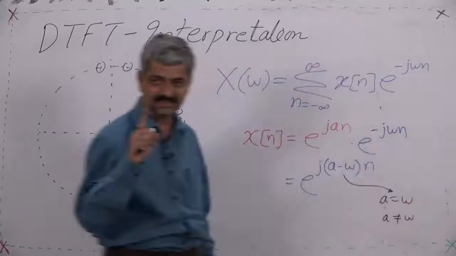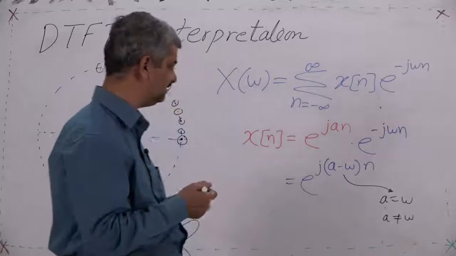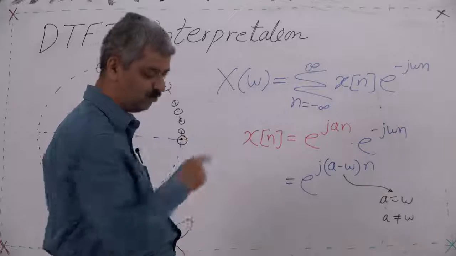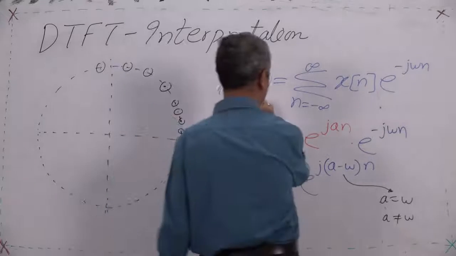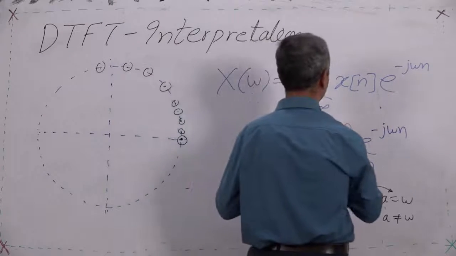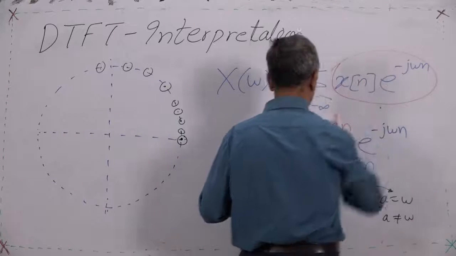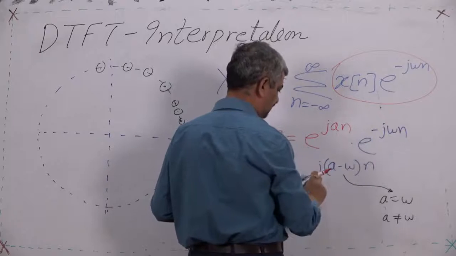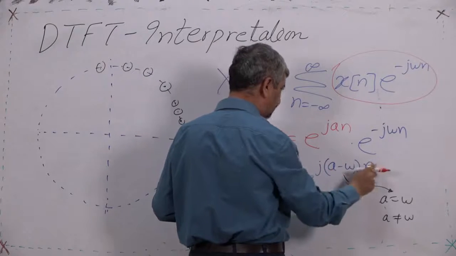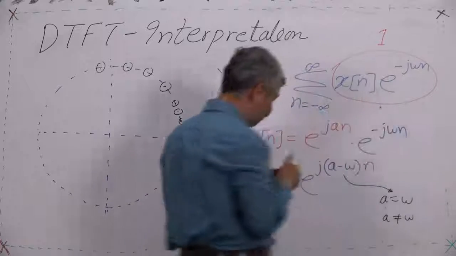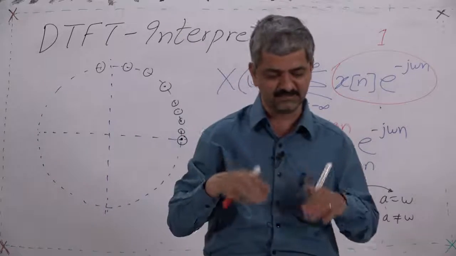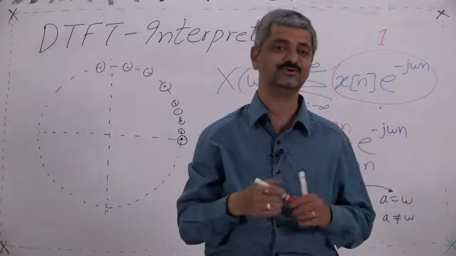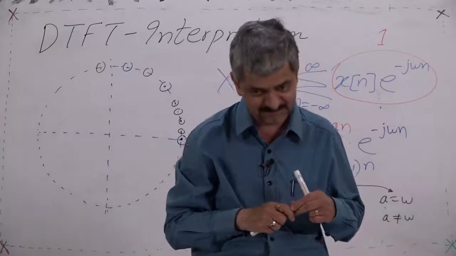So, when a is equal to omega, it is e raised to j 0 n, which is 1, and 1 summed from minus infinity to infinity is infinity, 1 plus 1 plus 1 plus 1 and so on. So, this is called an impulse.